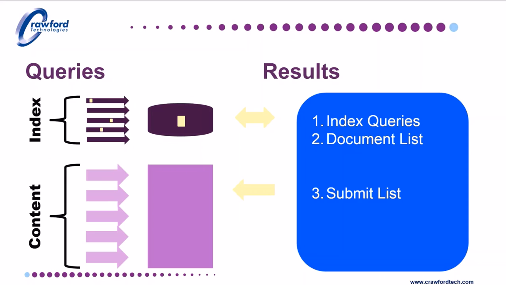Behind the scenes, this document list is submitted to the content store, which may be the same database, but it could also be a separate database, a separate file system, a completely separate product in some instances, and that will go ahead and it will retrieve the individual documents from the content system, and then these will be returned by our products as PDF documents to the user to see and view.